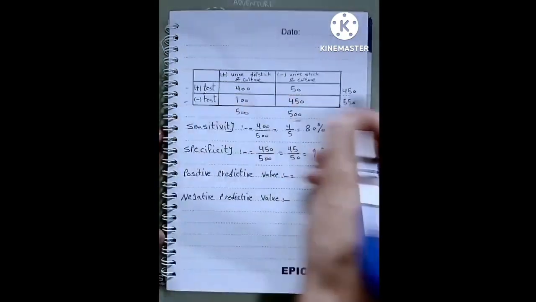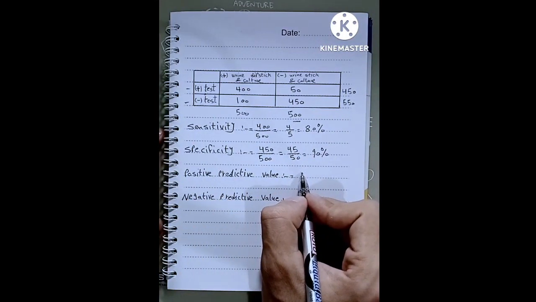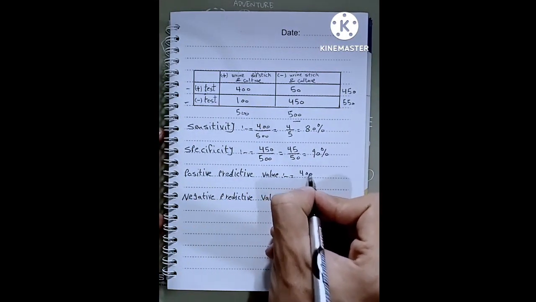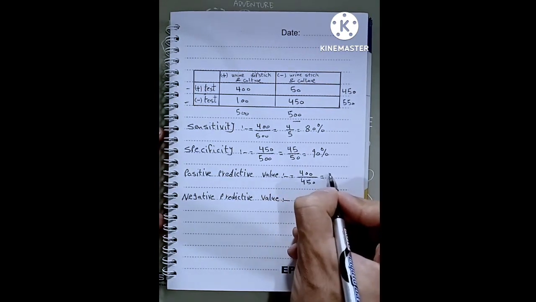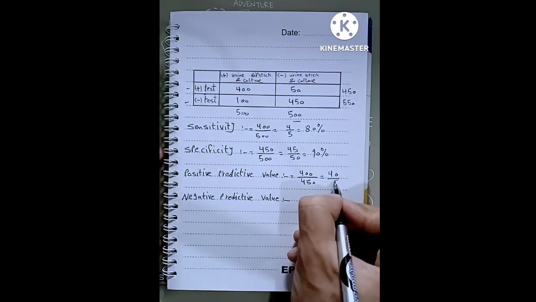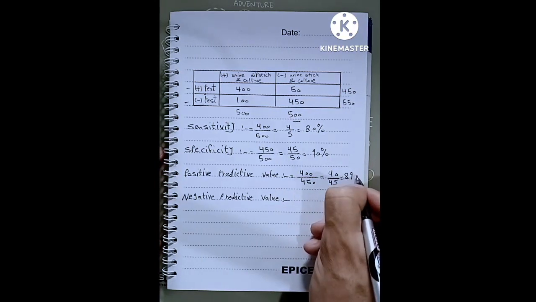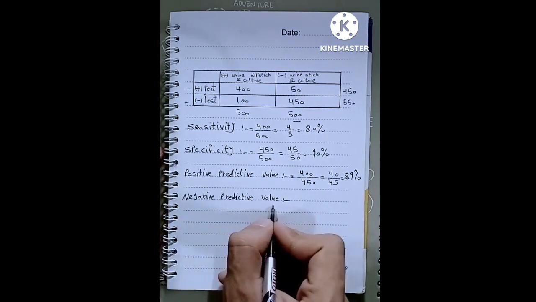So positive predictive value is equal to 400 divided by 450, which equals 89%.